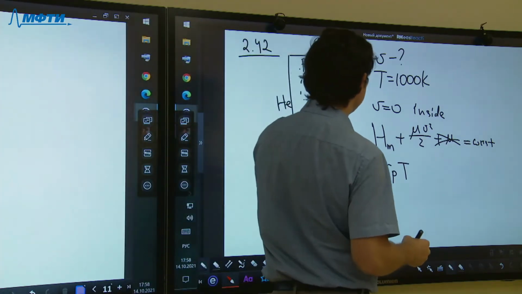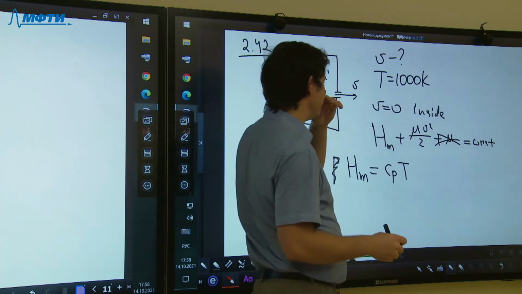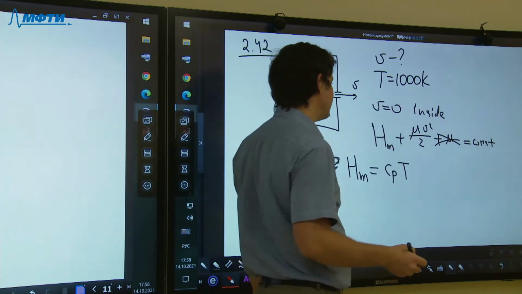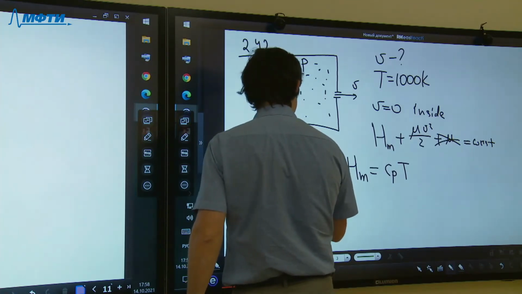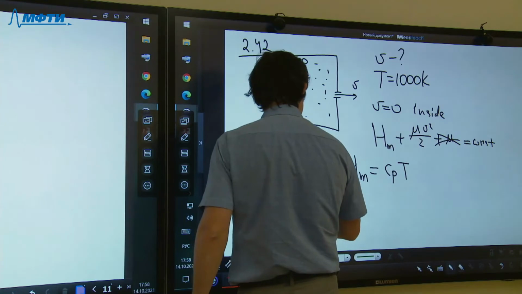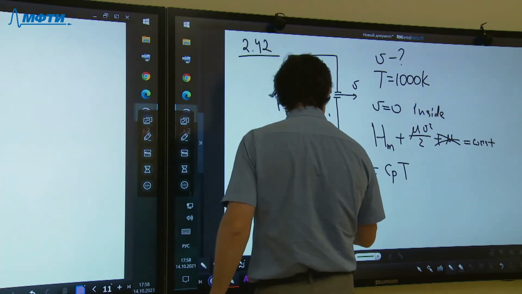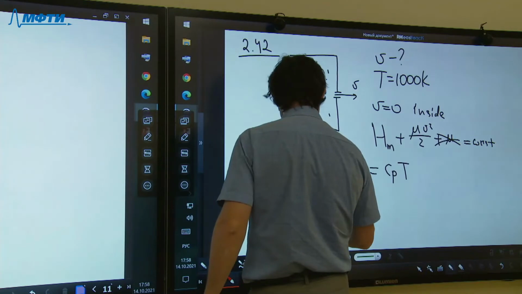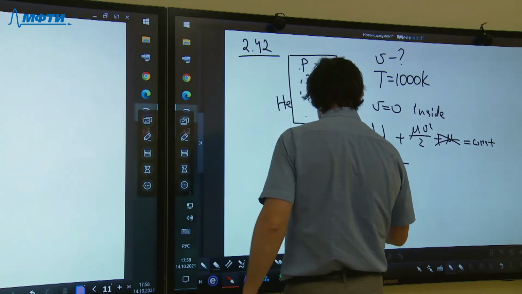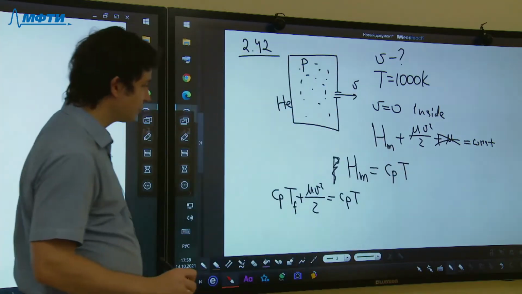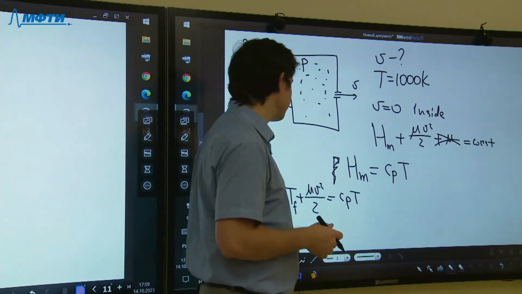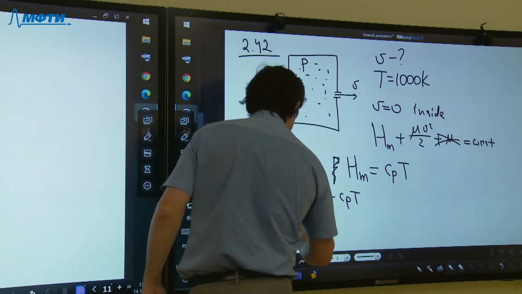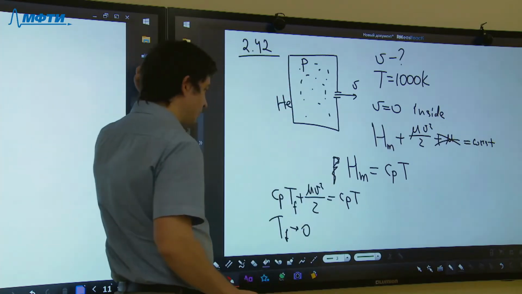So let's say that the initial temperature is 1000 Kelvin, but the final temperature, we don't know the final temperature, so we are going to determine it. So let's say that Cp times T plus nu V squared over 2, so this is the final temperature, equals Cp times initial temperature T. We don't know the final temperature, but we know that there is no pressure outside the vessel, so probably we can assume that the final temperature is approaching 0.